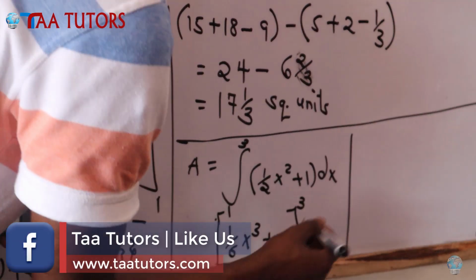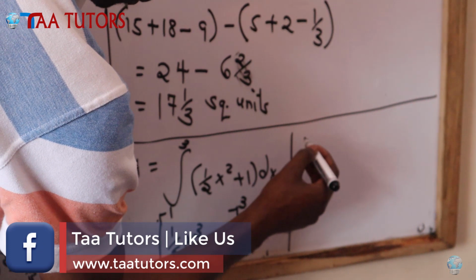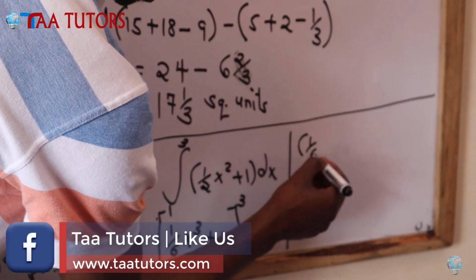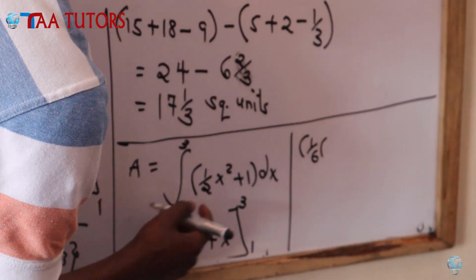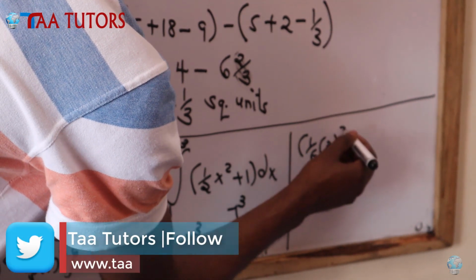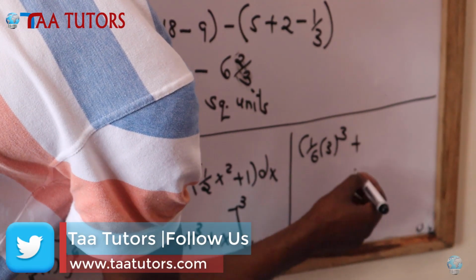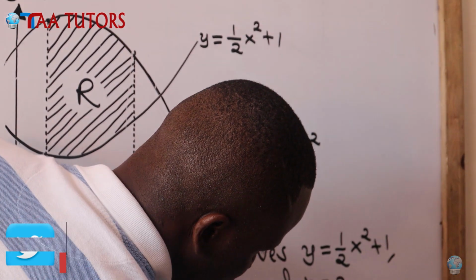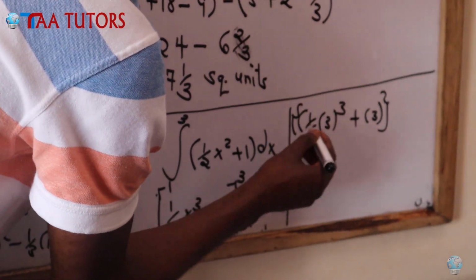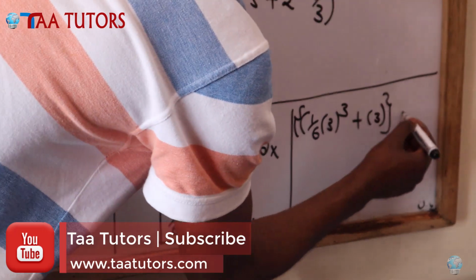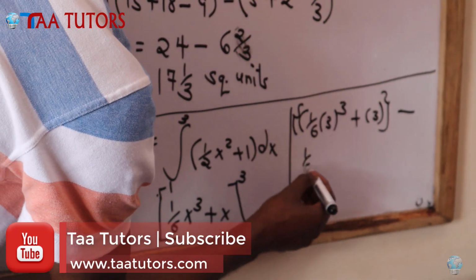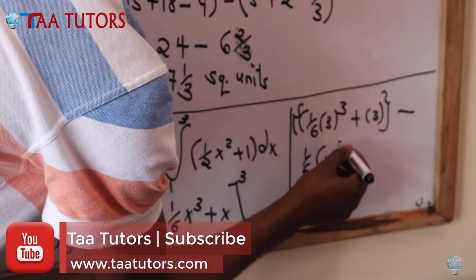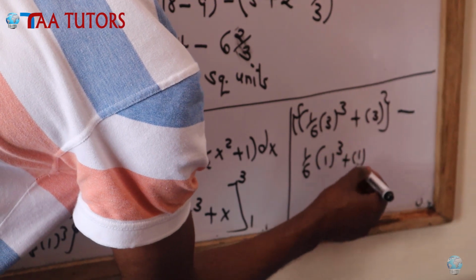So if I substitute that one, I will get 1 over 6 into 3 cubed plus 3, minus 1 over 6 into 1 cubed plus 1.